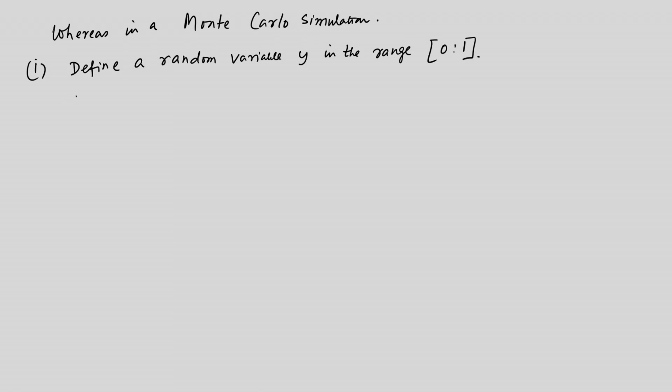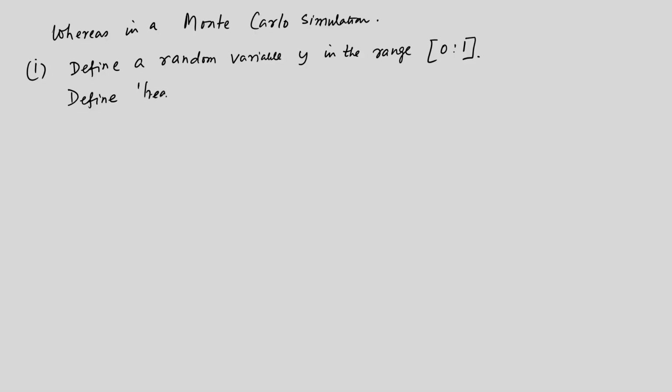So, you pick this random variable from a random number generator, which are abundantly available in any computer. So, define head if y is less than 0.5, tail otherwise.